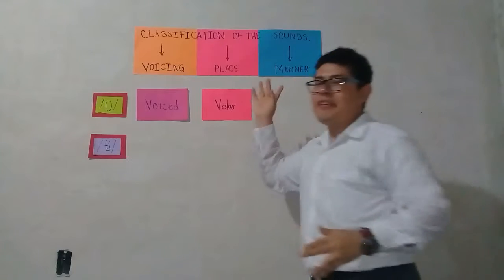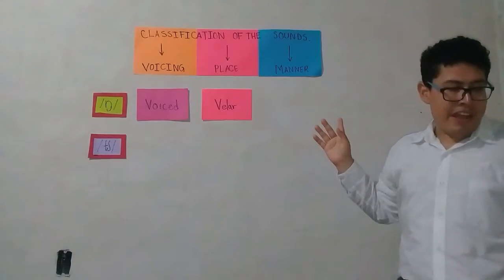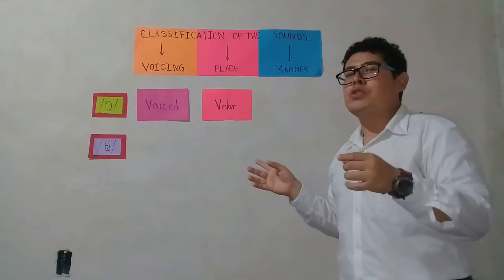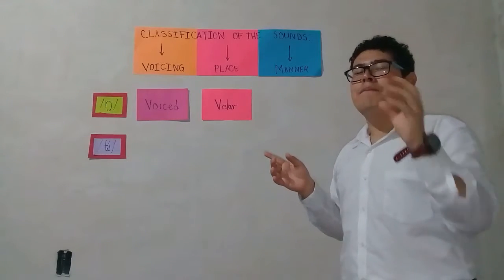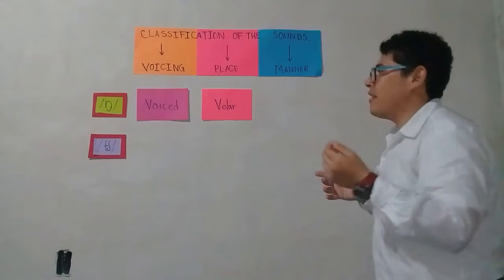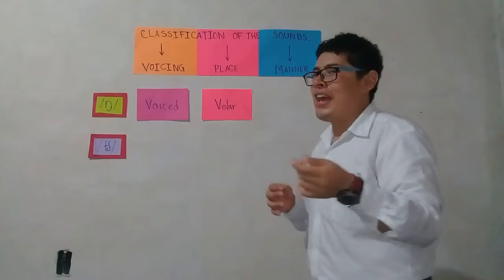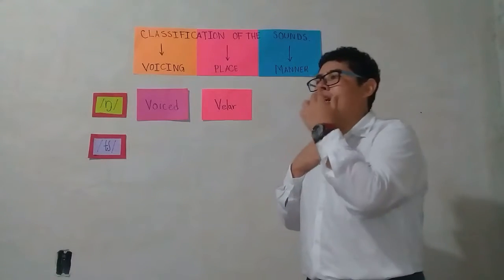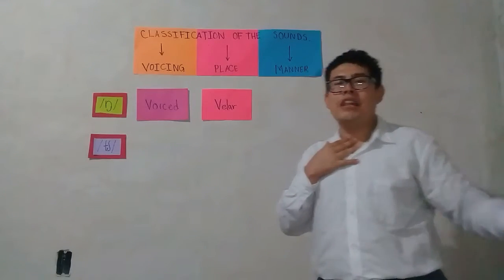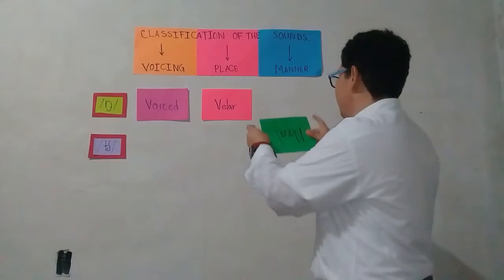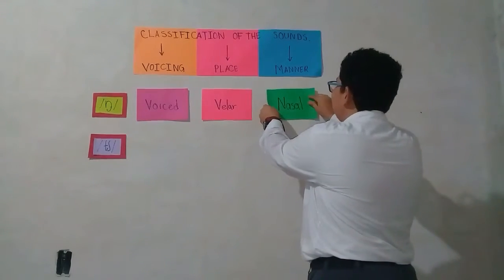And what about the manner? This sound is produced by a kind of release through our nose. The air is released through our nose, and then we have a nasal sound. Pronounce again, ng. We can feel how the air is trying to get released out of the nose. Then a nasal sound.